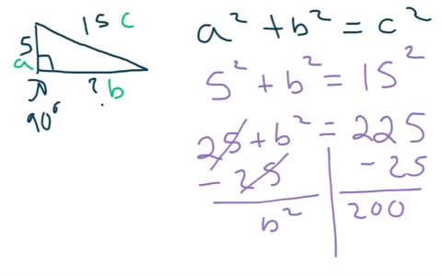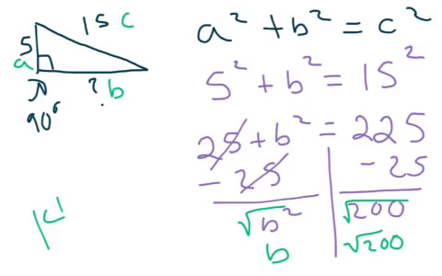Take the square root of both sides. B is the square root of 200, which is approximately 14.1421. So it's approximately 14, because these aren't always going to be whole numbers when you solve these problems.